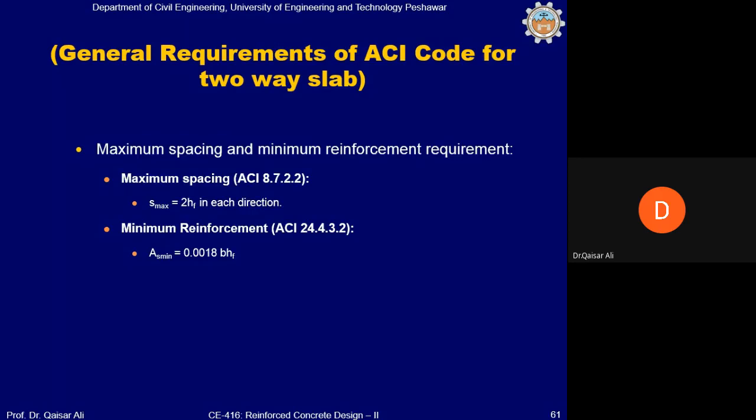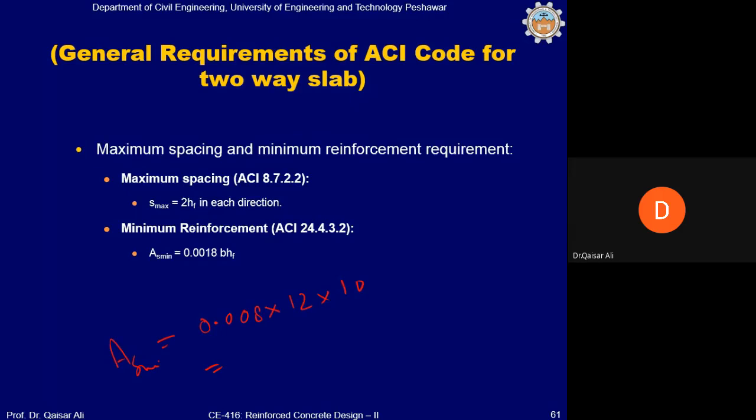In this particular case, you know that b is 12 inch and h is 10 inch, so you can calculate area of steel minimum for this, 12 multiplied by 10, and area of steel at all critical locations. Critical locations are mid-span location for positive bending moment and support locations for negative bending moments.